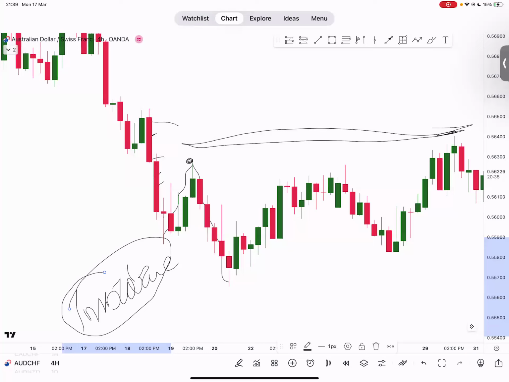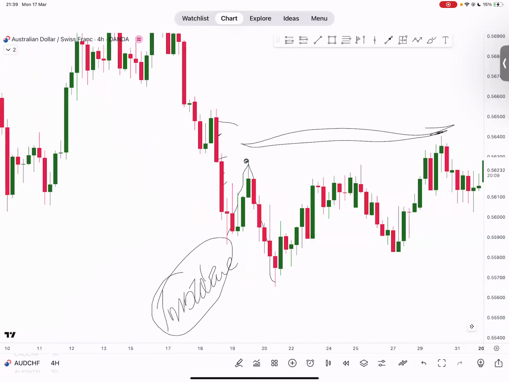And when something like this happens, the market comes back to rebalance itself by filling the gap that was created by that one side of the market. So when you have these long runs of bullish candlesticks, you anticipate that the market will come back to fill them to an extent. And when you have a run of bearish candlesticks, you anticipate that the market will still come back to fill them to a good extent.